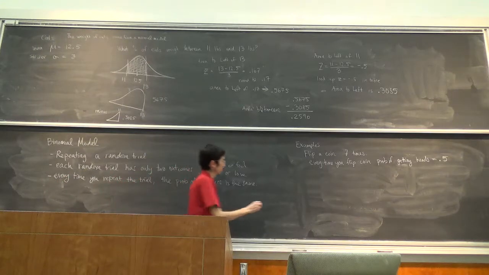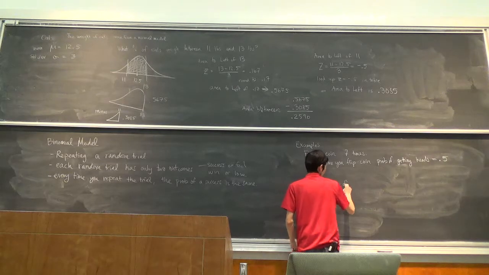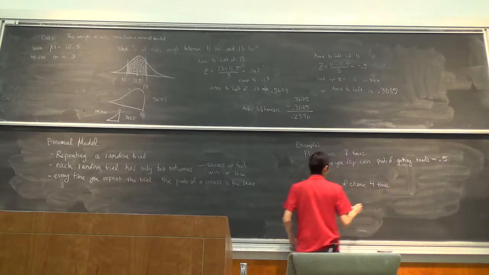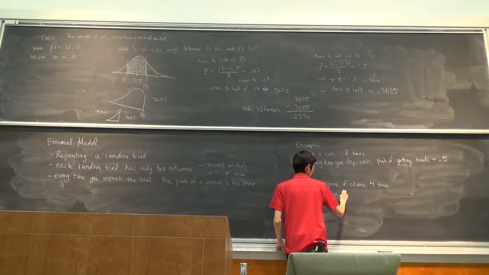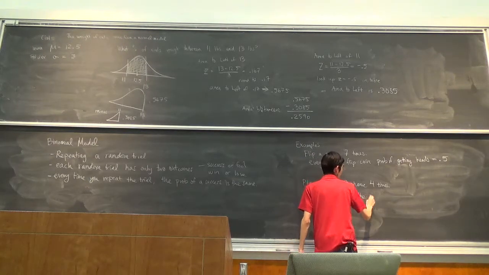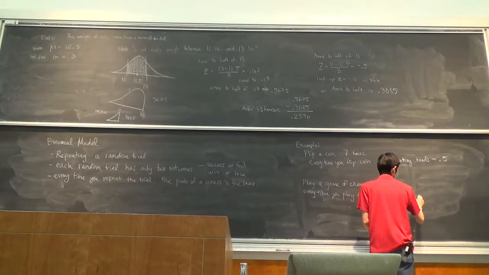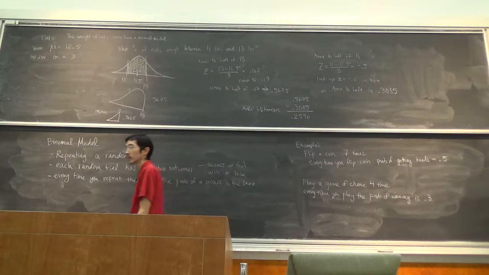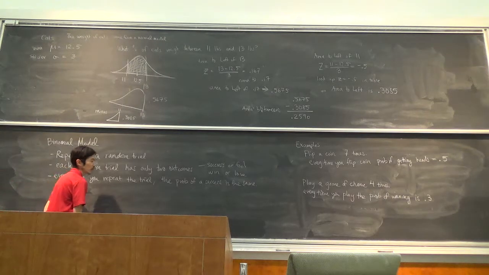Or you play a game of chance 4 times. Every time you play, the probability of winning is 0.3. If you can read a problem and say, hey, this is a binomial problem, the rest is very easy, okay?